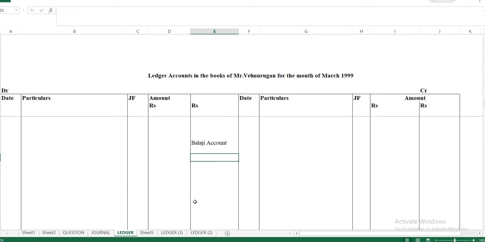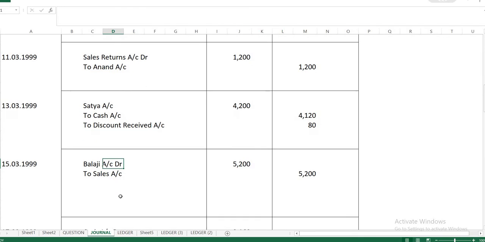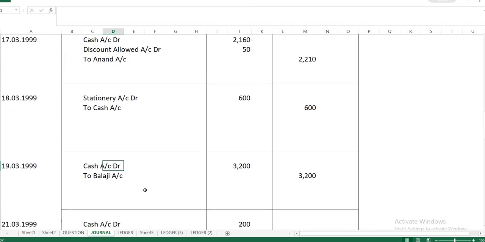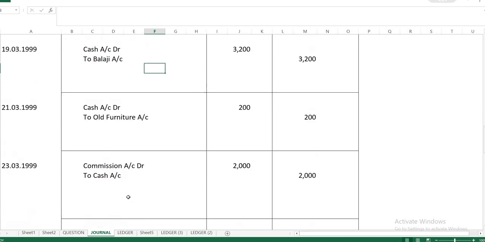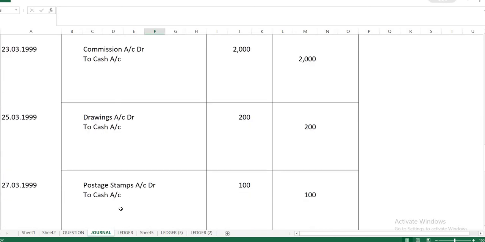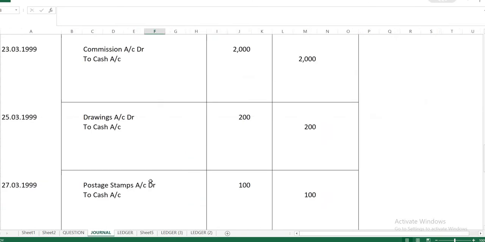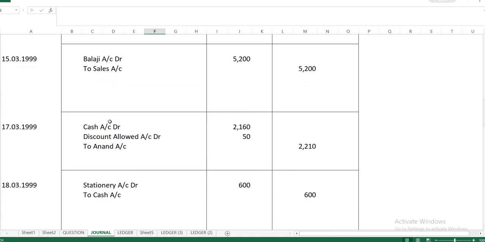Okay, some transactions would have occurred with Balaji. To Balaji I made sales. Then from Balaji I would have received cash. A few transactions. So leave space accordingly. Okay, and then moving to the next.